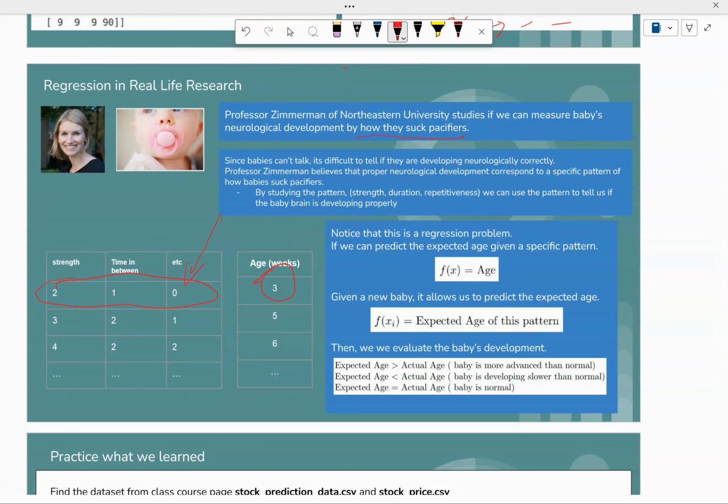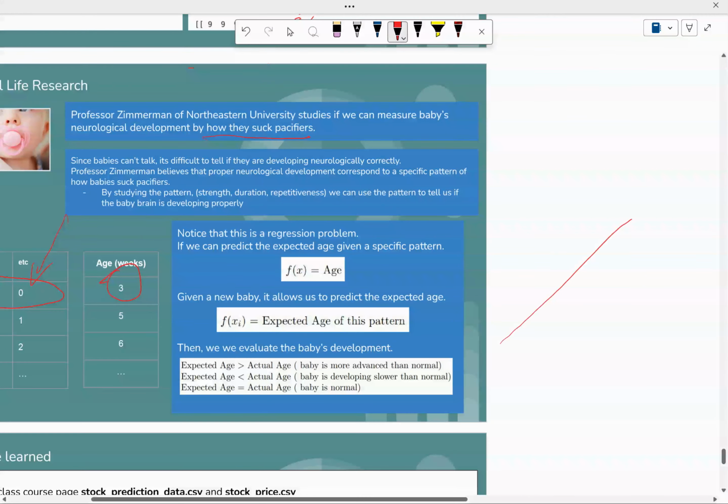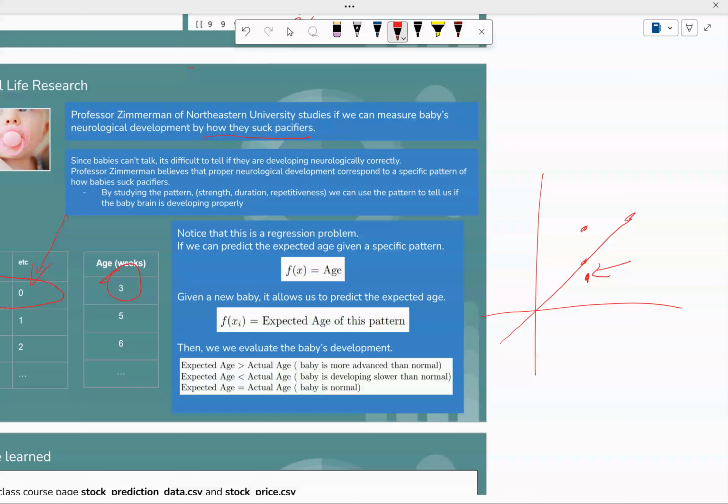So if the pattern predicts a lower age than what the kid actually is, it's saying that the kid's neurological development is delayed. Or if it is higher, then it's saying that their neurological development is advanced.